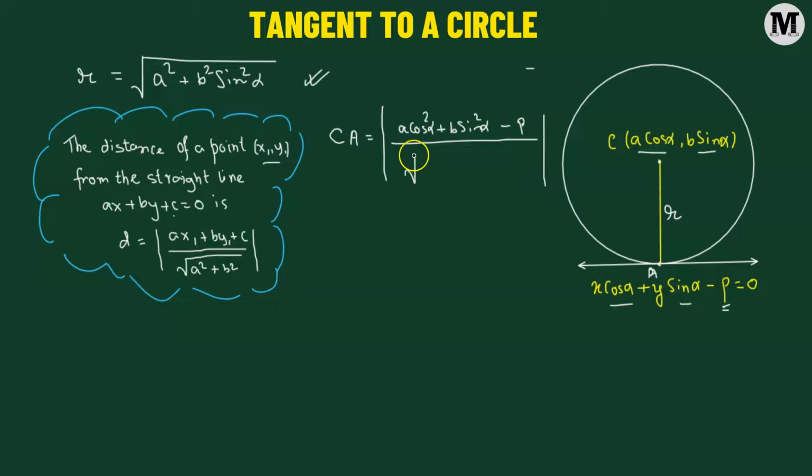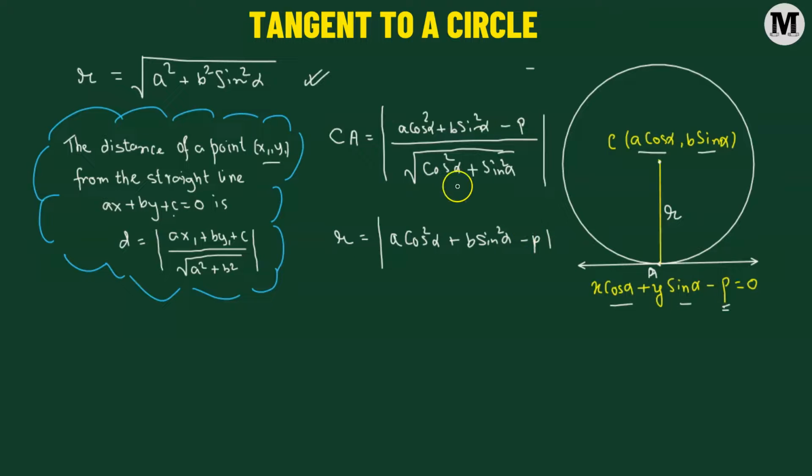This will be divided by the square root of the coefficient of x, that's cosine squared alpha, added to the coefficient of y squared, that's sine squared alpha. CA is nothing but the radius of the circle in our case. So we have r equals to the absolute value of a times cosine squared alpha plus b times sine squared alpha minus p.